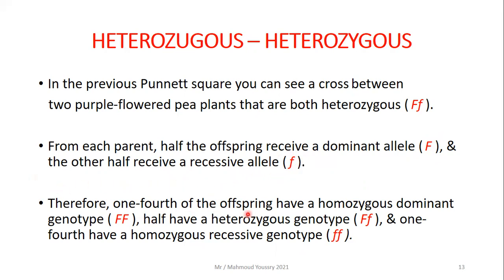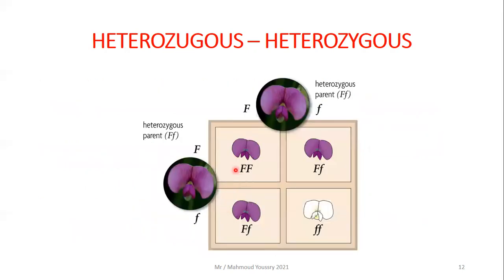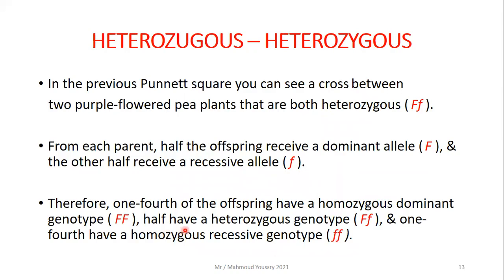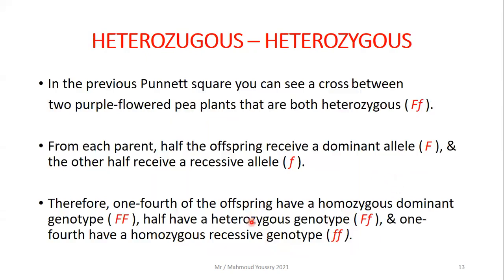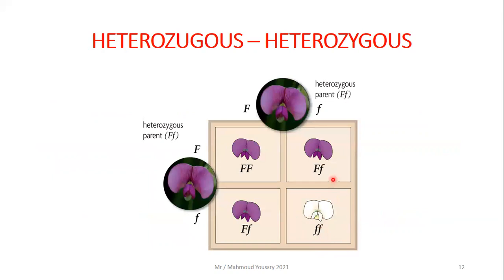Therefore, 1/4 of the offspring have a homozygous dominant genotype, capital F capital F, as we saw, and half have a heterozygous genotype, capital F small f. Here they are, this box and this box. And 1/4 have a homozygous recessive genotype, small f small f. This was the last square. This is the white flower.